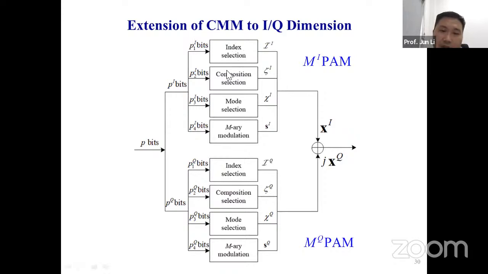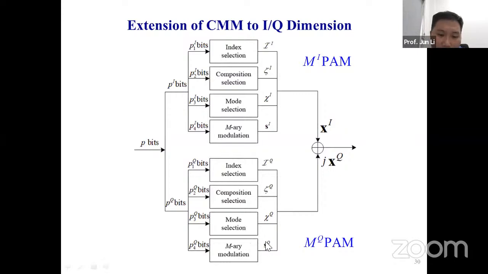The index selection, the energy allocation pattern, the constellation permutation pattern, or the modulation scheme. This is for the real part, and we still have these three indices.